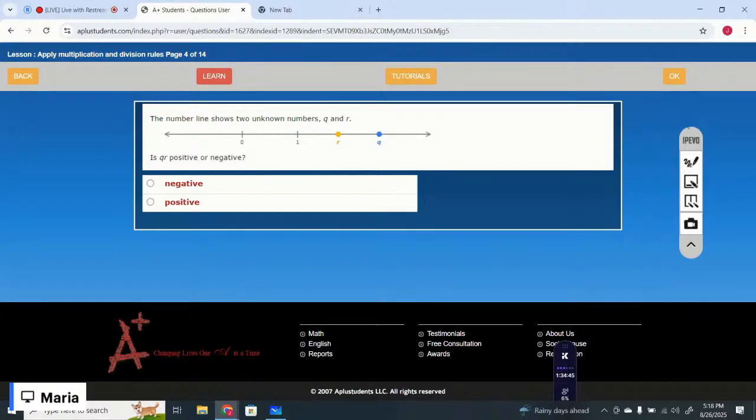Is qr positive or negative? So yes, positive it is. q and r are positive.